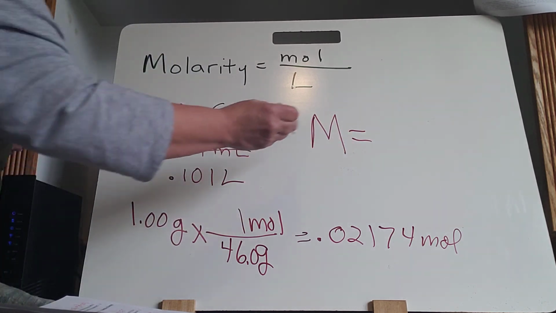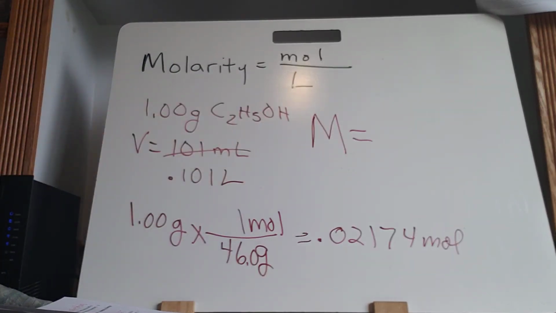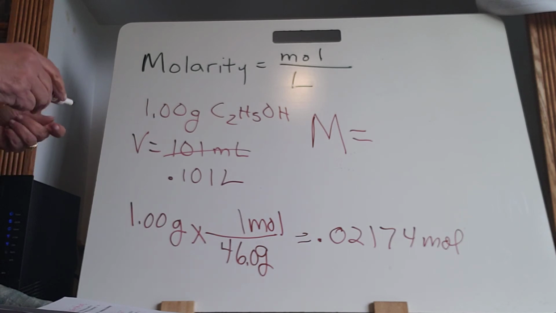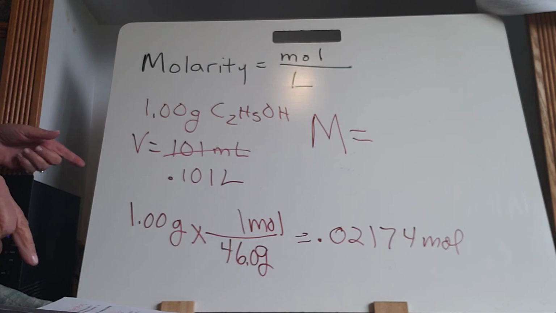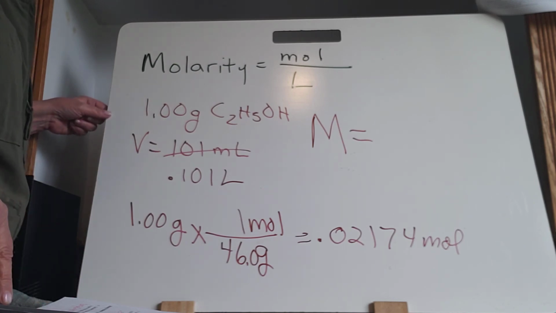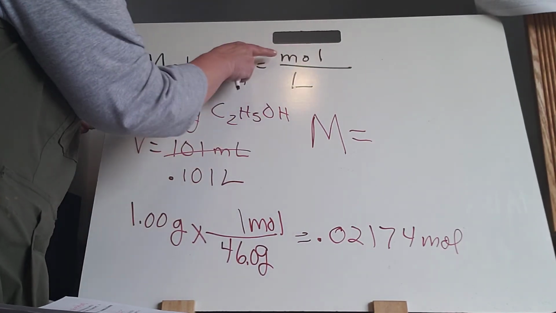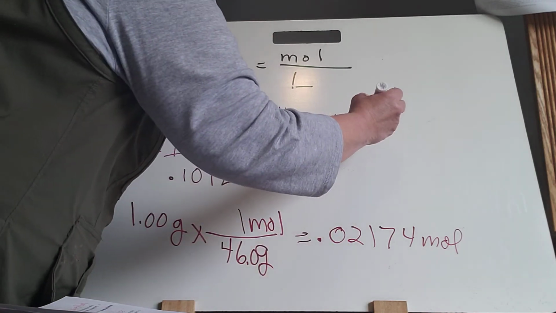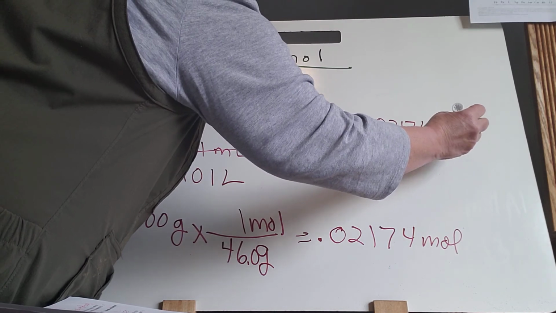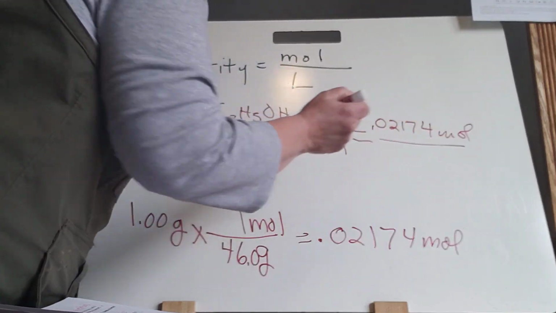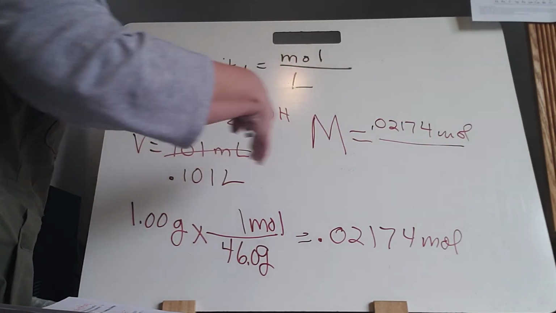Molarity is a capital M. It's very important that you use a capital M. There's going to be molality later, and it's a little m. So molarity, I need to put the moles on top, and this is my moles, 0.0217 moles. A lot of students will ask me, why am I using so many numbers?